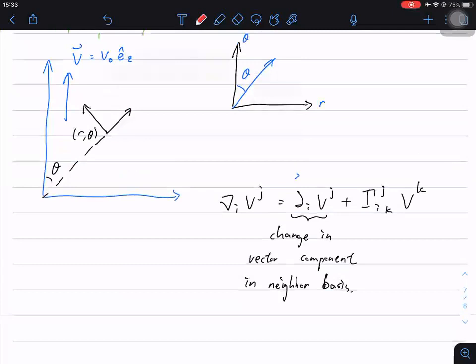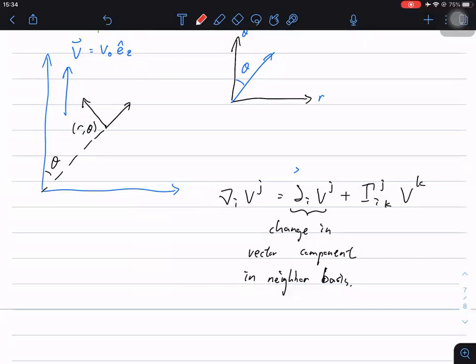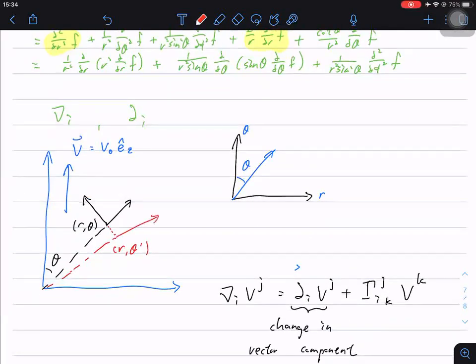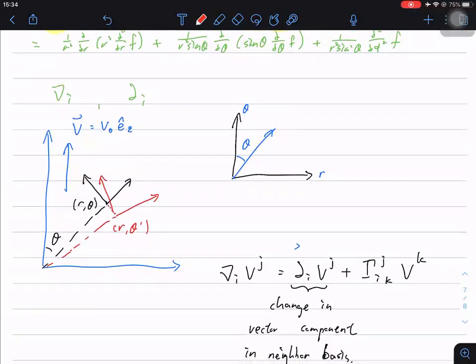But if you want to take the derivative of this vector field, we also have to consider the neighbor vector, which means that for another coordinate system, let's say this one is r prime, theta prime, then the coordinate basis actually changed a little bit, because for polar coordinate basis vectors, every point has its own unique basis vector.